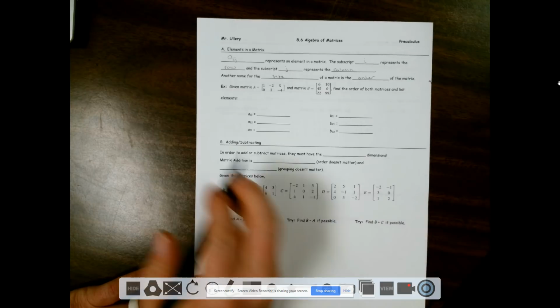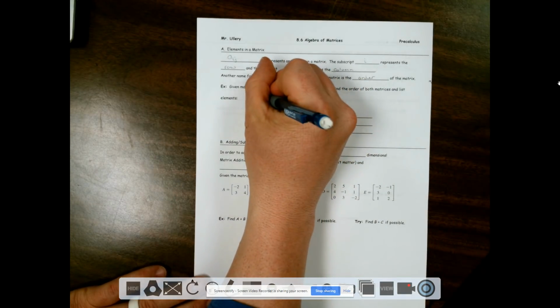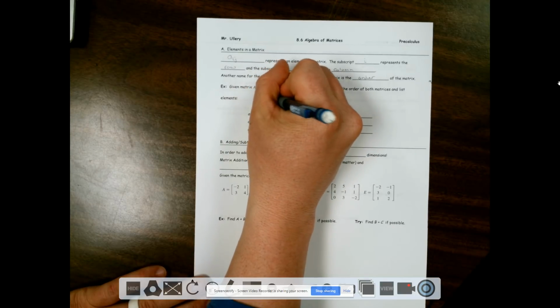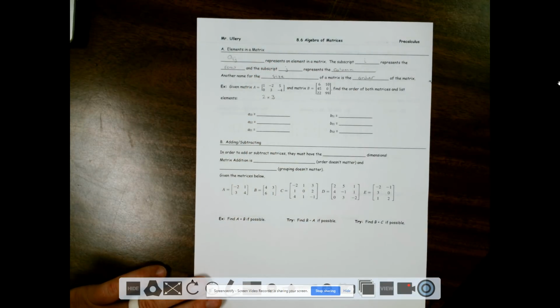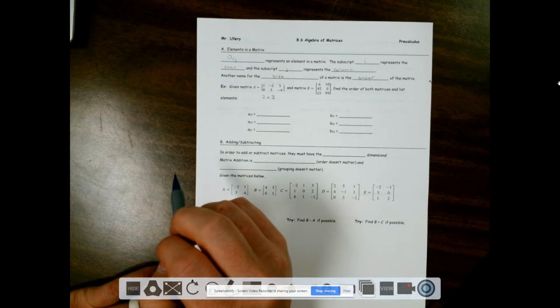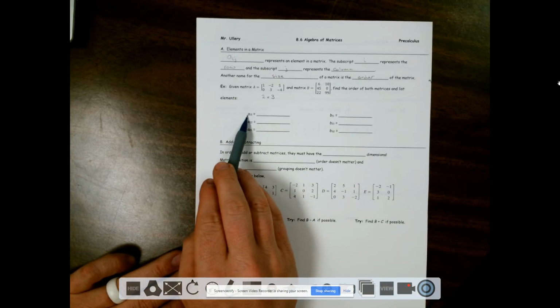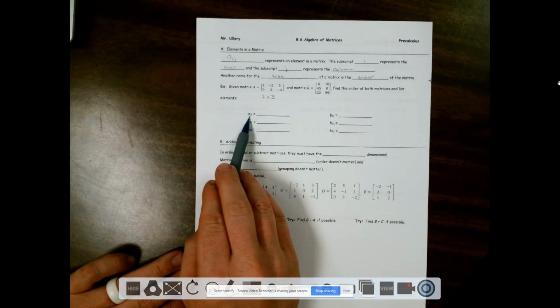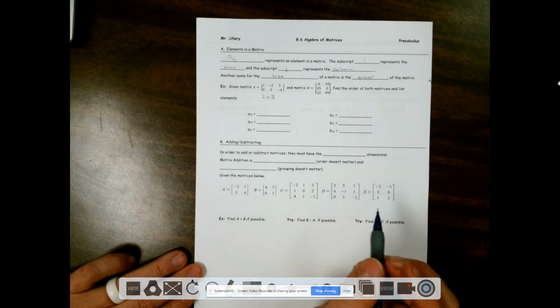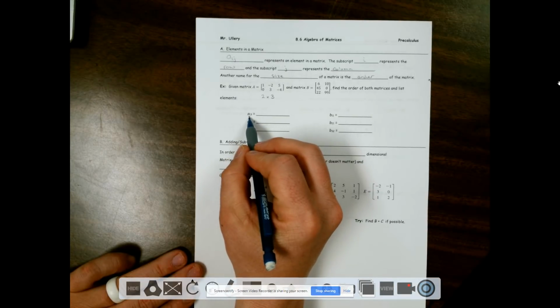Okay, so you can see matrix A right here. The size of it would be a 2 by 3. It has 2 rows and 3 columns. Rows being horizontal, columns being vertical. So the element in that matrix, A sub 1,3, not A sub 13, is in matrix A, row 1, column 3.